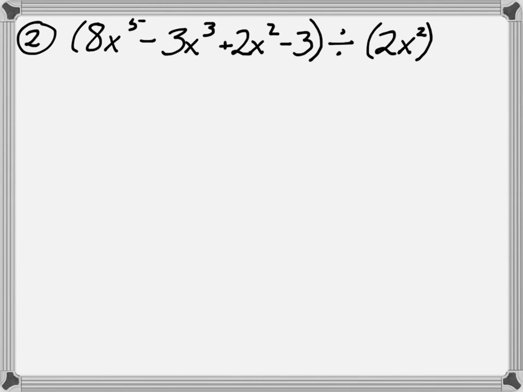Let's do one more, and I'll let you start on your assignment. So we have 5x to the 5th minus 3x cubed plus 2x squared minus 3, divided by 2x squared.